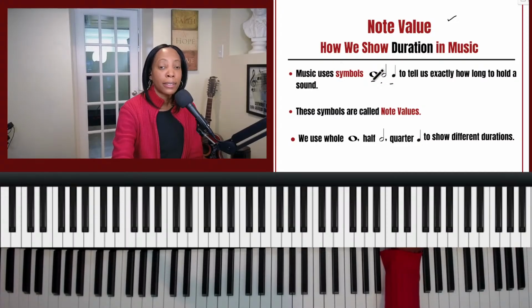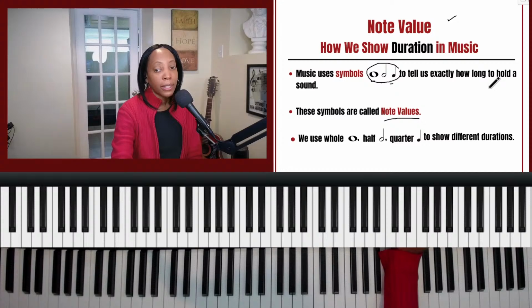These are all symbols, and that's going to tell us exactly how long to hold the note. These symbols that I can circle right here are called the note values. So the duration is going to tell us how long, and the symbols are going to let us know the note value. And we'll talk about the note value in the next slides.